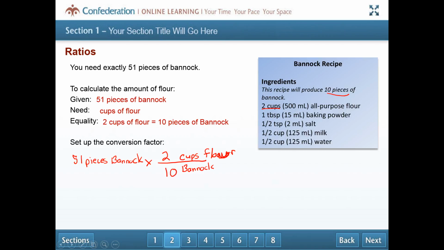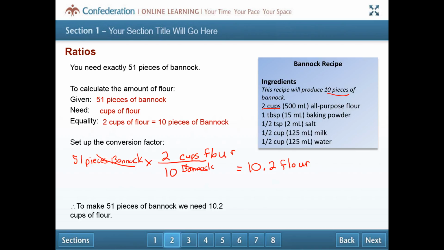Sorry, that's really messy. I'm just going to erase that here. Okay, so when I do that multiplication, I'm going to get 10.2 cups of flour. And notice I've canceled out my pieces of Bannock, and I'm left with my cups of flour.